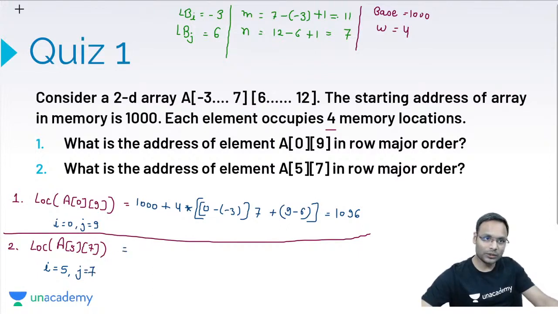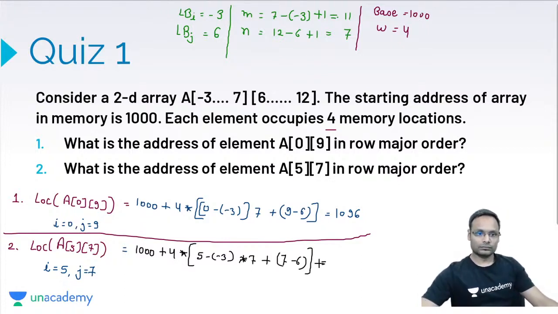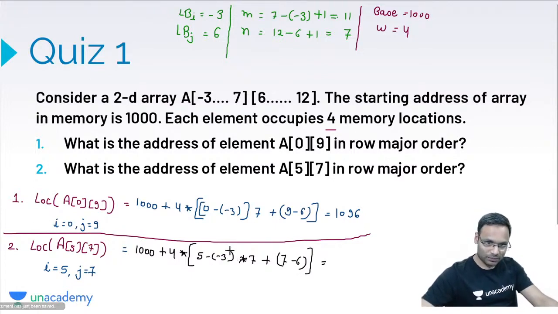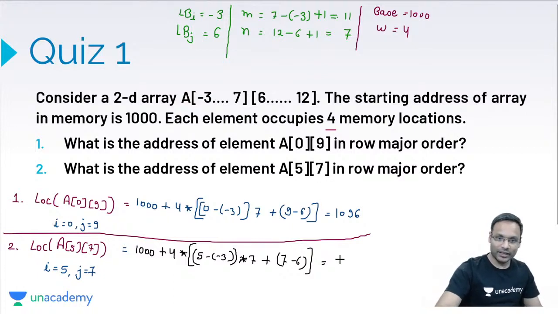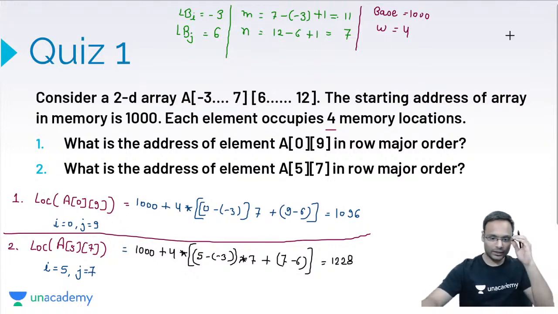It will be 1000 plus 4 into (5 minus -3) into 7 plus (7 minus 6). 5 minus -3 is 8, into 7, 56 plus 1, 57. 57 into 4, 228. So it will be 1228.